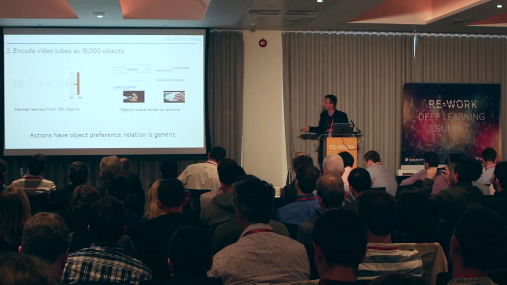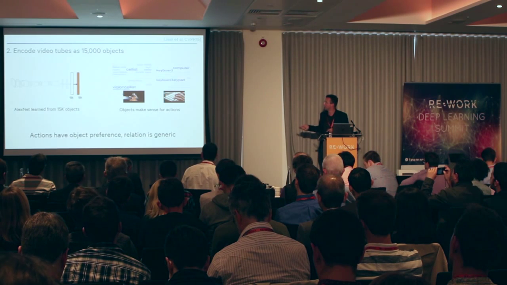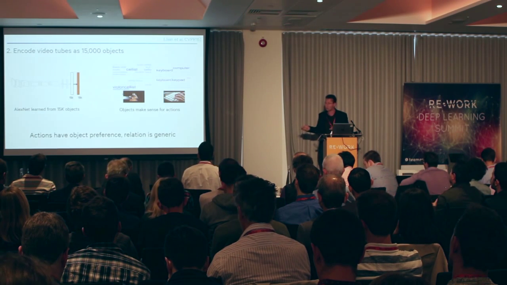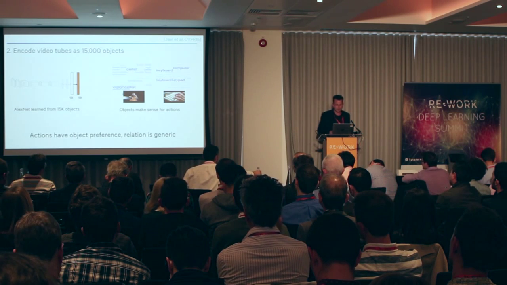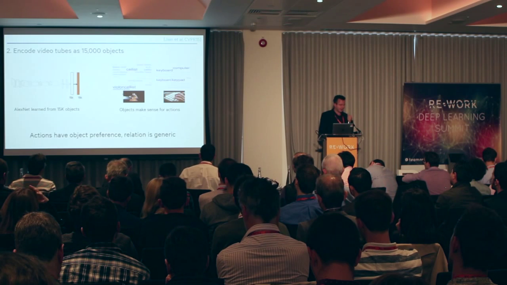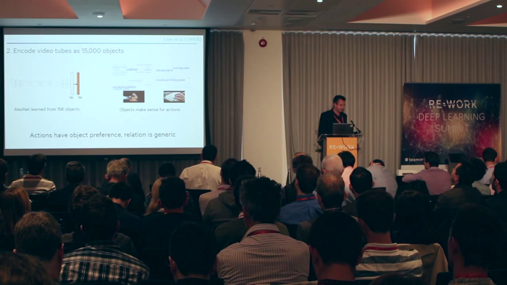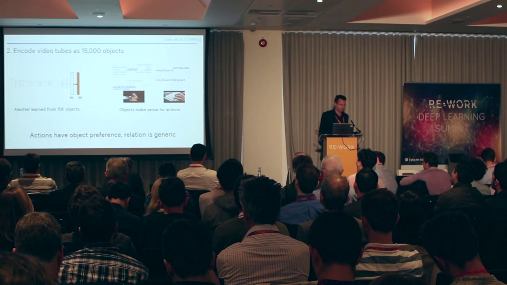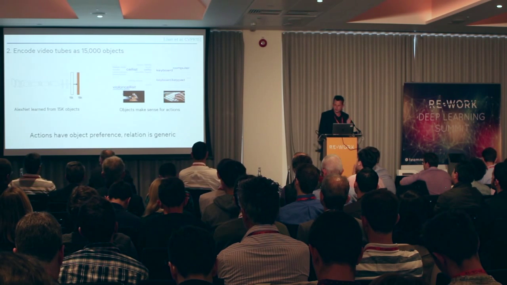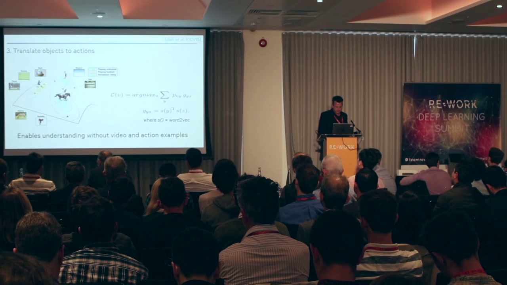The objects that matter for the action playing cello, for example, are indeed cellist and violin cellist and so on. This is typing, and indeed object computer and keyboard pop out. And these object action relationships are generic. So you can use it for action recognition, using just the objects.